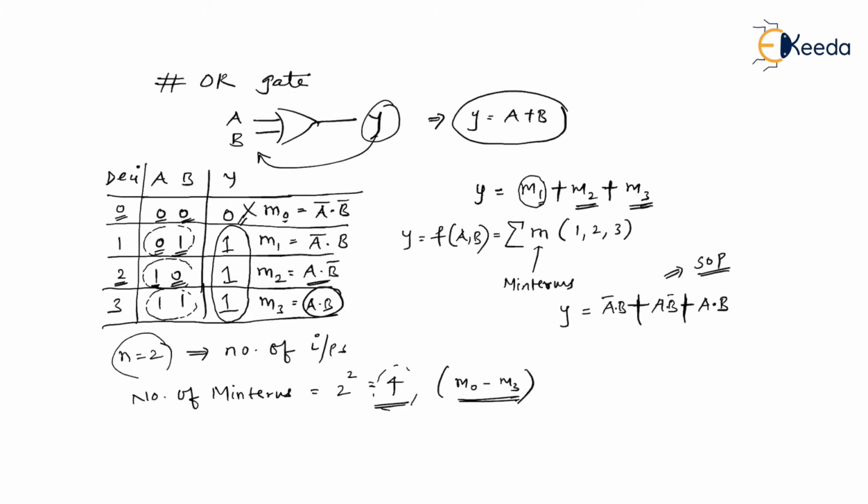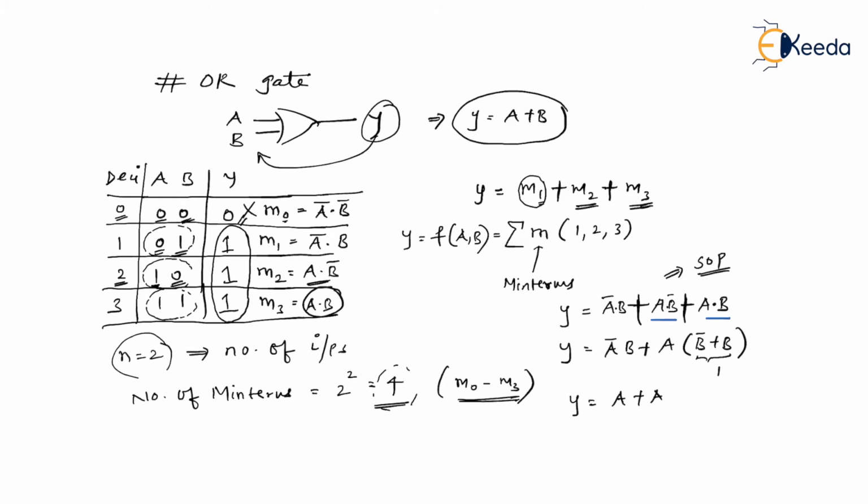Now, by observation, just observe the last two terms in which you can find A common. So I can rewrite my expression like this: A bar B plus, now I can take A common. What remains inside is B bar plus B. Try to understand what is B bar plus B. It is 1. So can't I write Y equal to what?